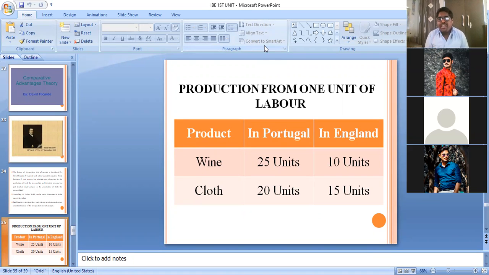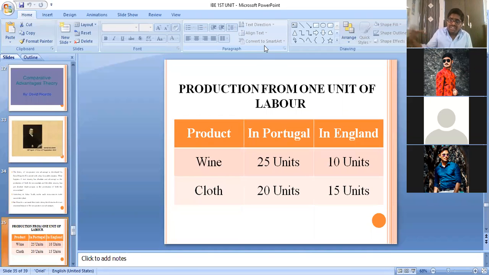By seeing this chart, we can say Portugal has the absolute advantage, because they do well in both wine and cloth: one labor produces 25 units of wine and 20 units of cloth.